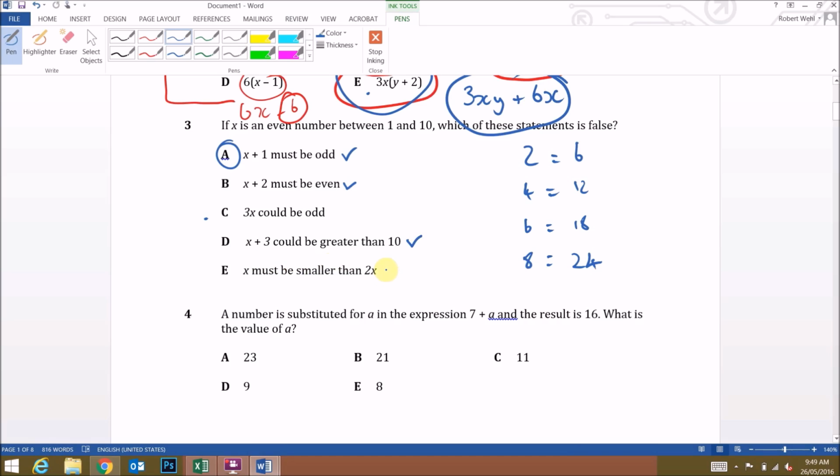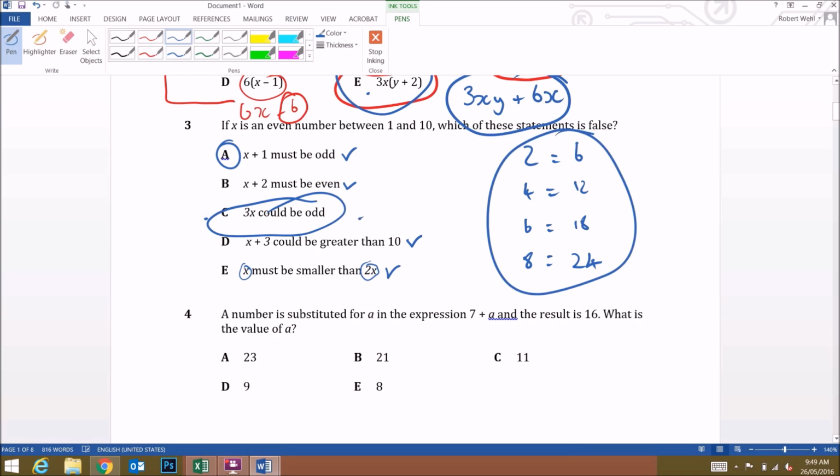Yeah, that's true, because it's always going to be smaller than itself multiplied by 2, which leaves us with this one. 3x could be odd. Well, we've proved it there. That can't be correct. So C is our answer.